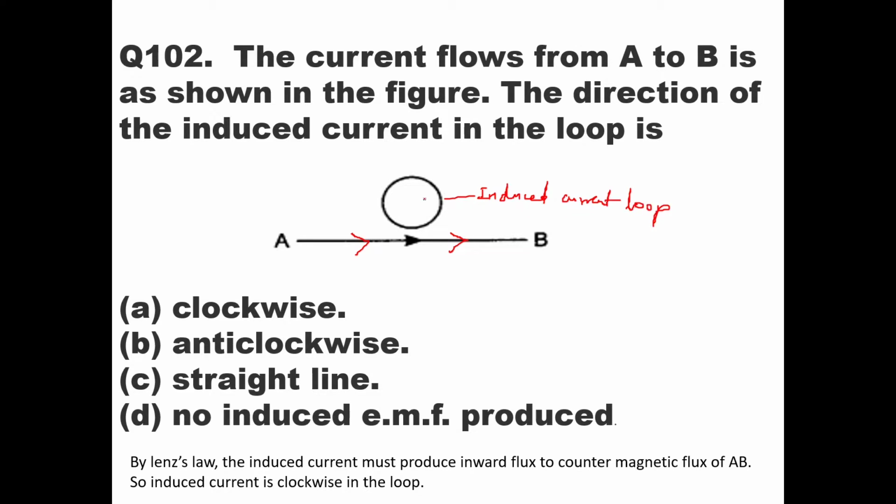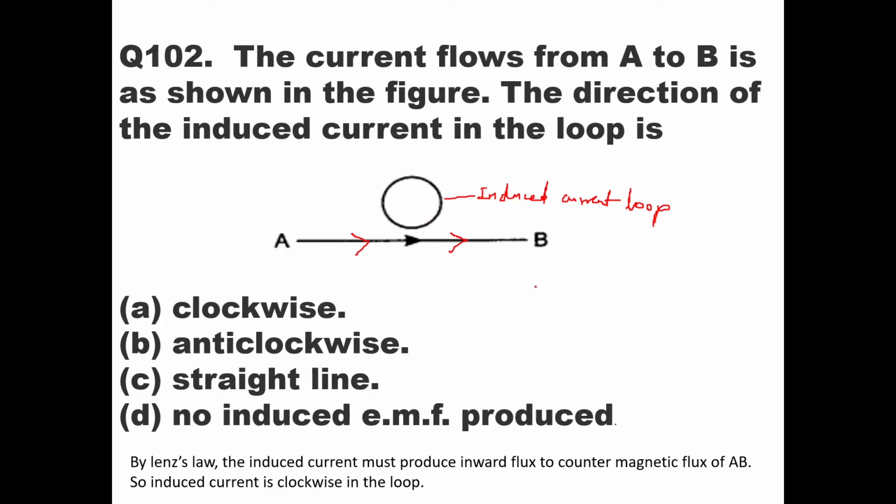The direction of this induced current loop should be opposite to the direction of the current which has produced it. This is according to Lenz's law: the induced EMF and the induced current will have a direction which opposes the very cause producing it.